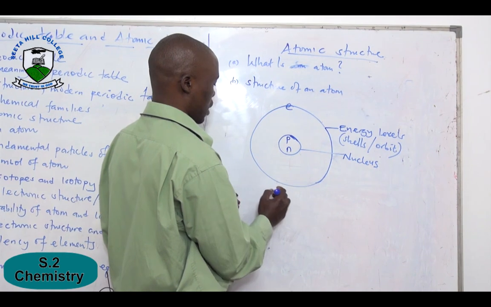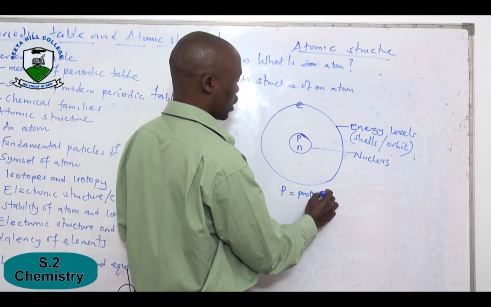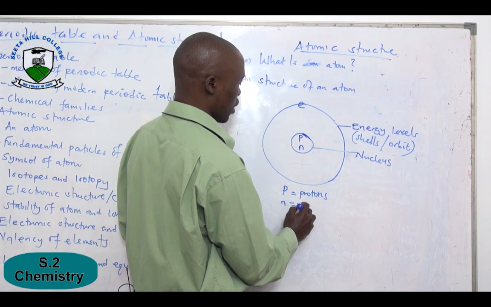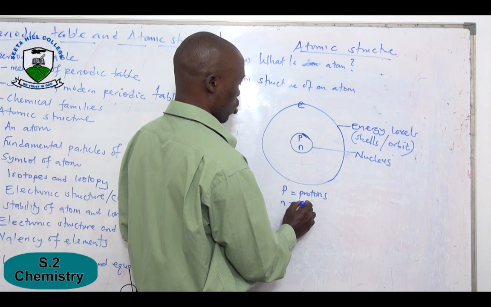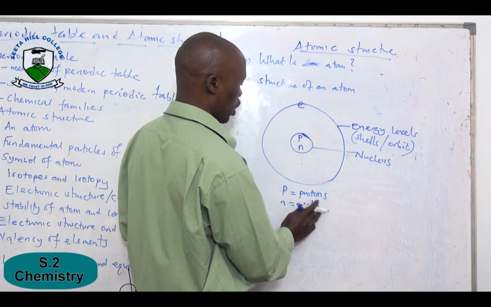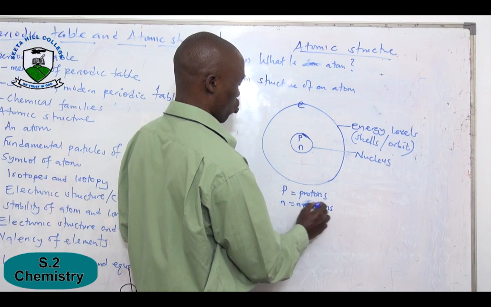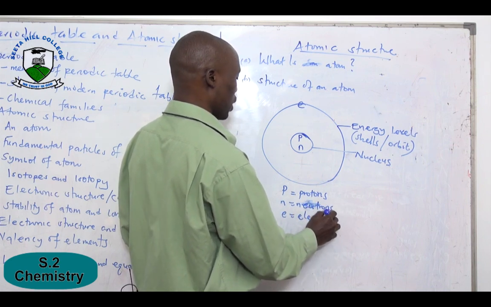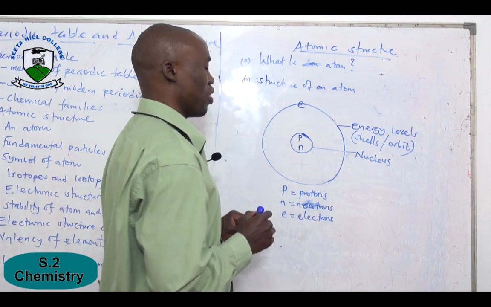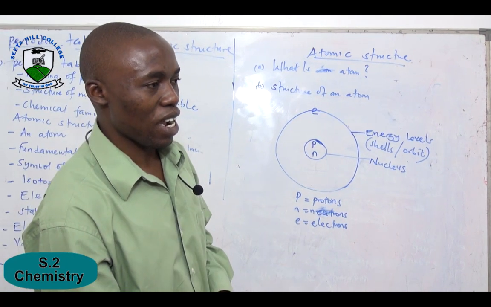It has P, which stands for protons, and small n, not capital, for neutrons. E is for electrons.